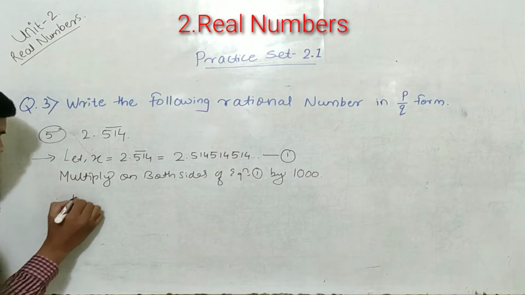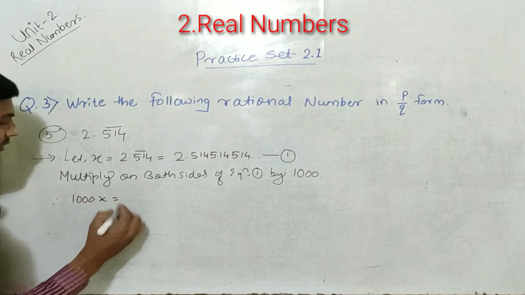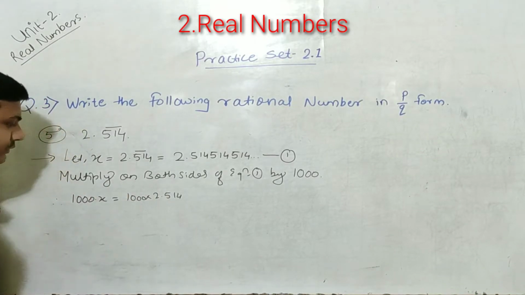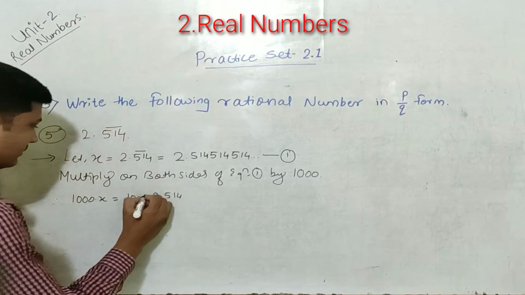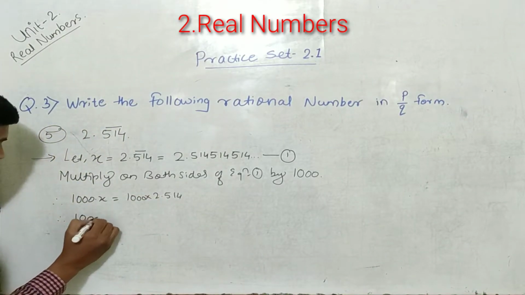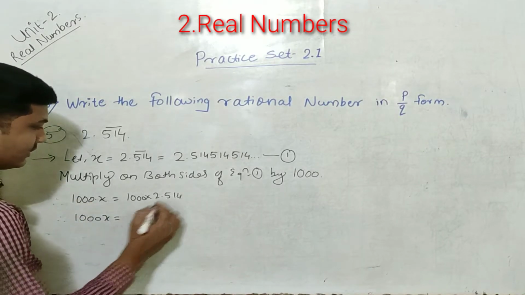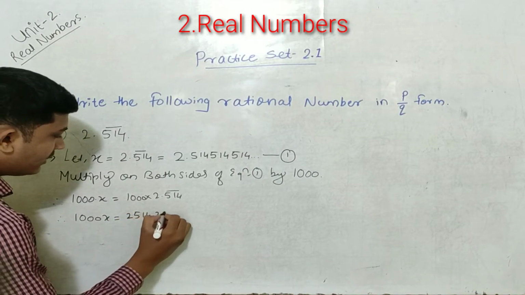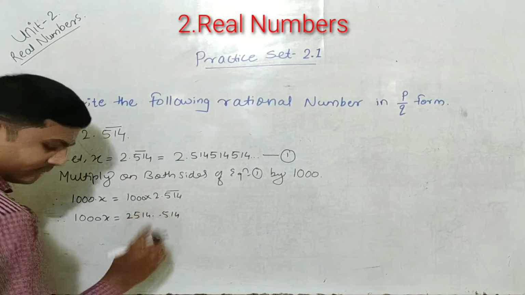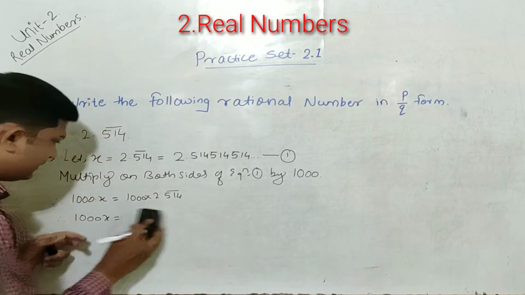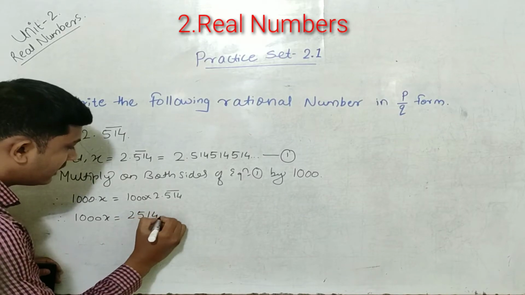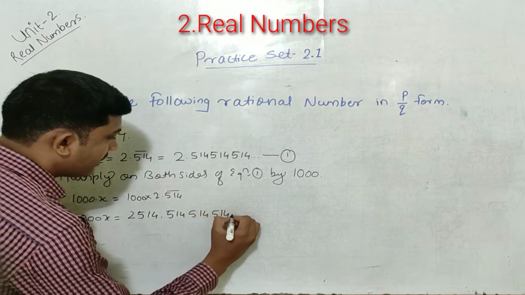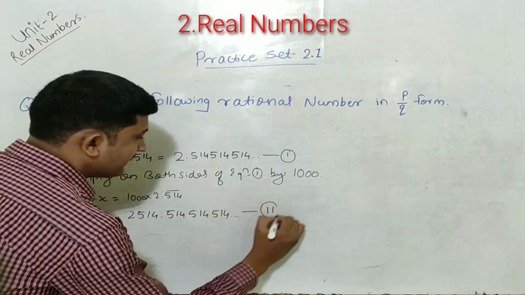What do we get? 1000 times x is equal to 1000 into 2.514514 dot dot dot, which is equal to 2514.514514 dot dot dot. Say it as equation 2.